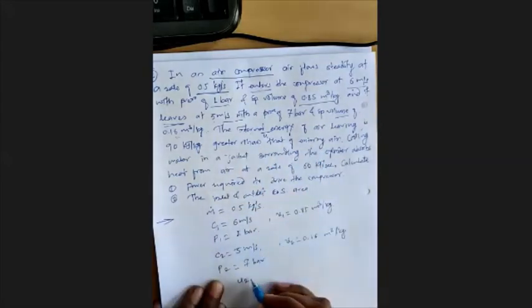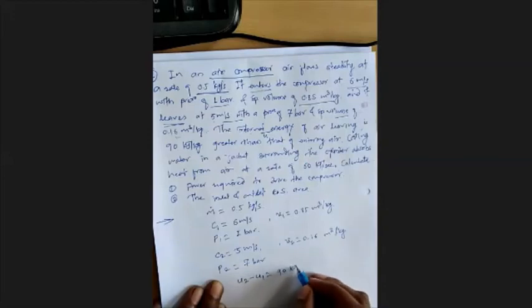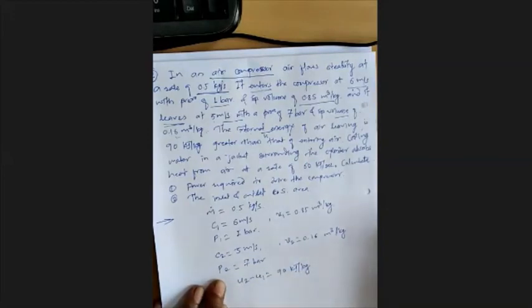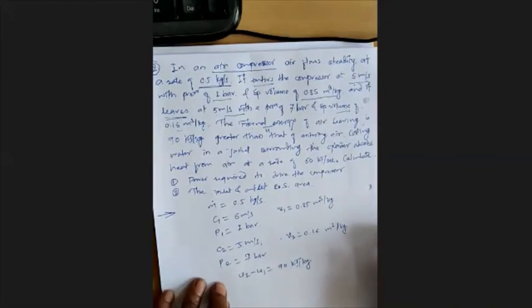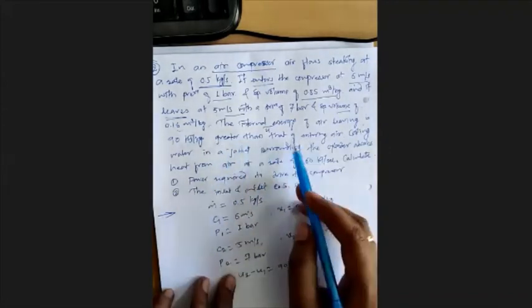So u2 minus u1 is equal to 90 kilojoules per kg, right? They have given us the difference between internal energy of the fluid leaving and entering. Leaving is greater by 90 kilojoules per kg than entering. So u2 minus u1 is equal to 90 kilojoules per kg.